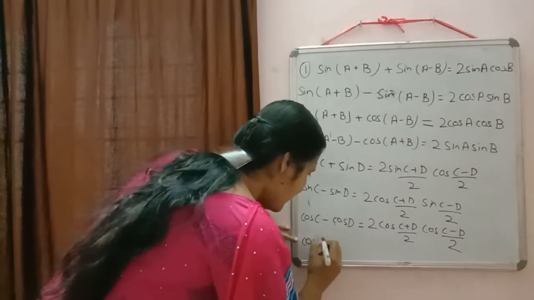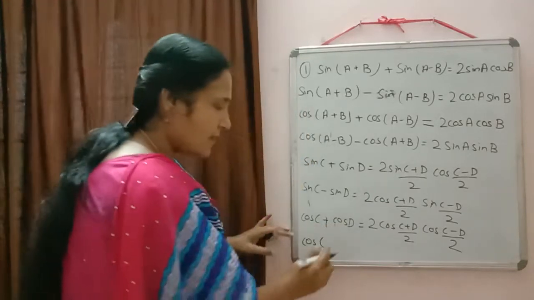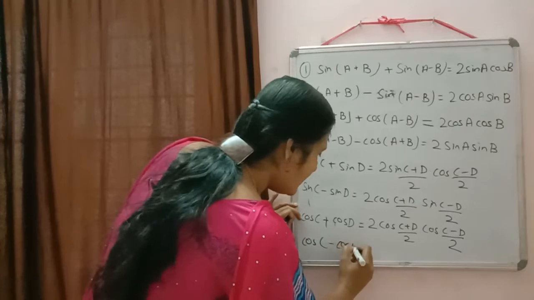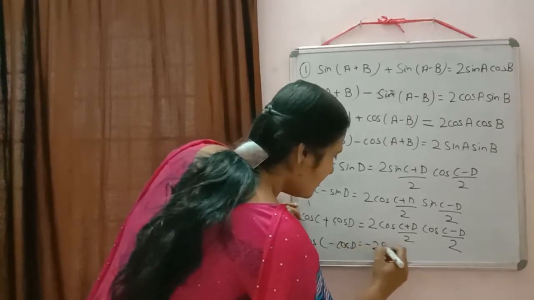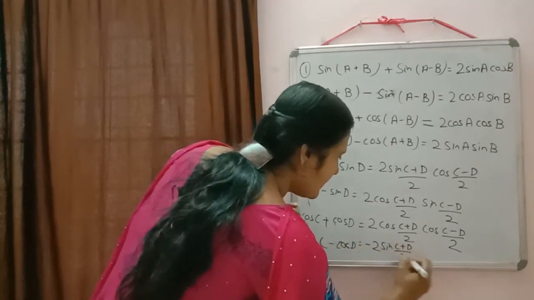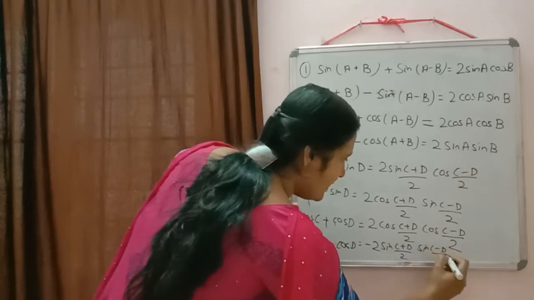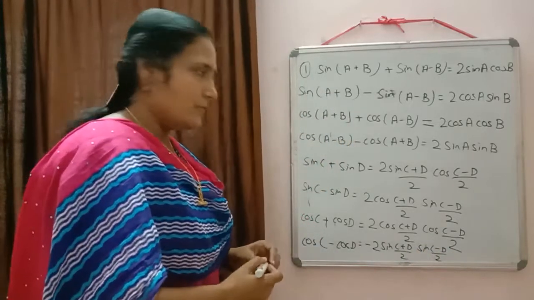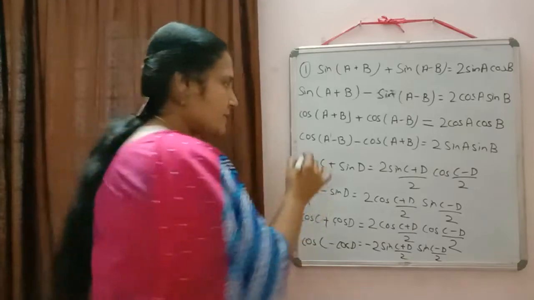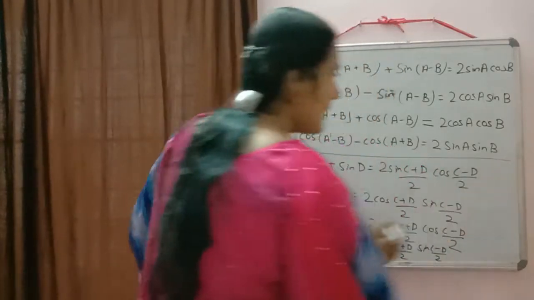Then we got cos C plus cos D, and this one, cos C minus cos D, is equal to minus 2 sin((C plus D)/2) into sin((C minus D)/2). So in this formula, what happened? Just to check, the two sets of formulas are related.